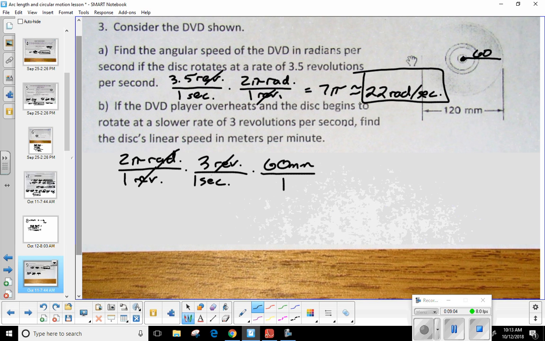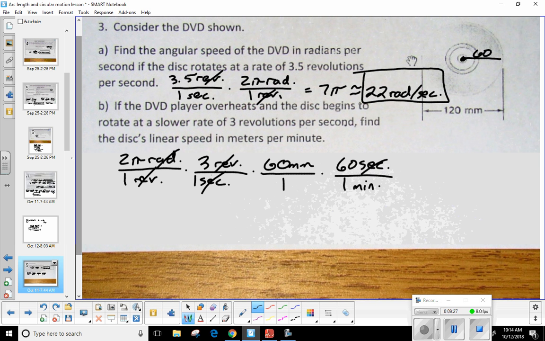What do we want again? We want meters per minute. So let's take care of the easy one first. So let's go ahead and change the seconds. So what's my next ratio got to be? Okay, 60 seconds over 1 minute, because we want the seconds to cancel. So now we're in millimeters per minute.